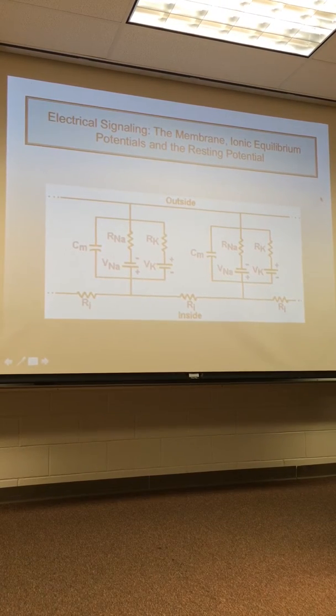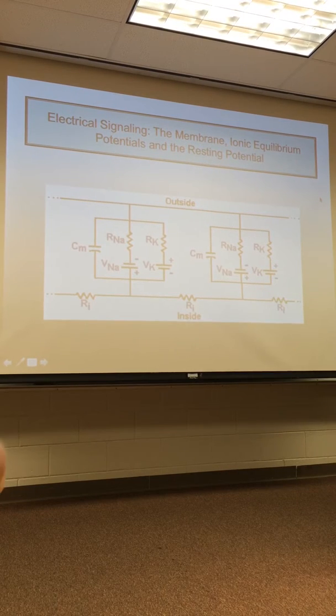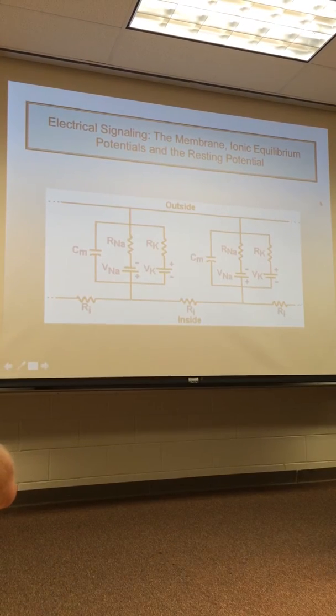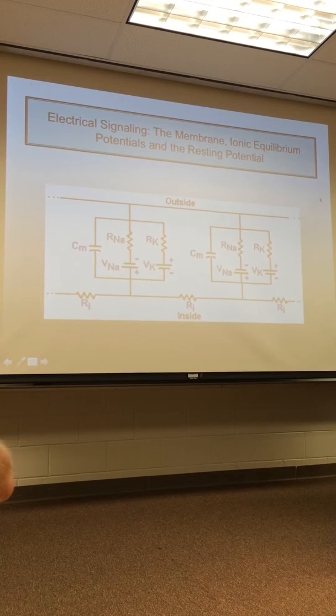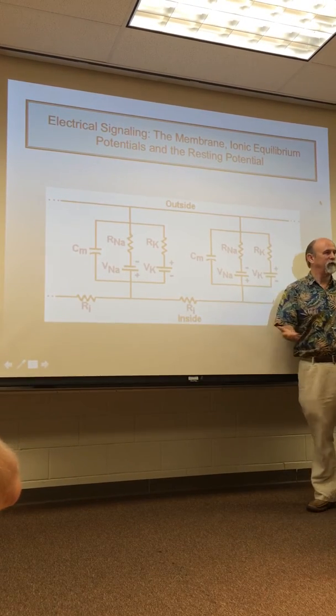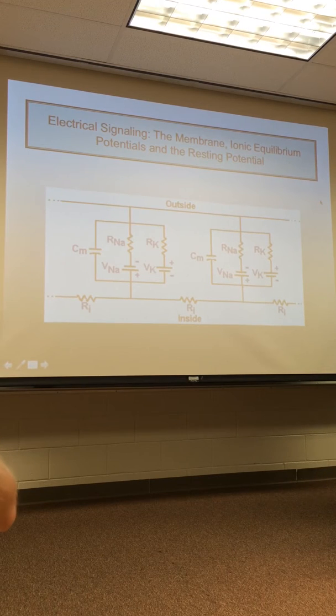This is a fundamental success, really, in evolution that goes way back to very early stages, that you exploit differential distribution of ions for signaling. And it really is remarkable how this works. But we need a couple of lectures for you to really appreciate how remarkable it is.